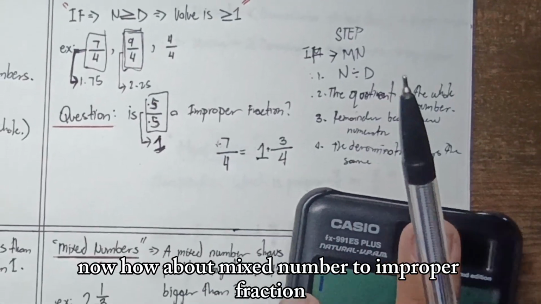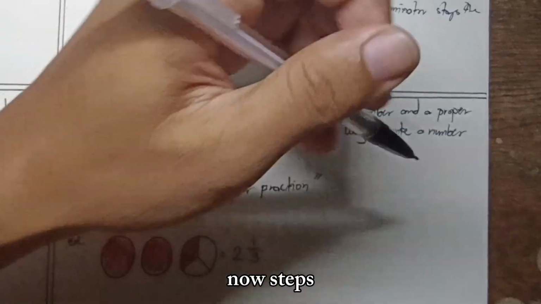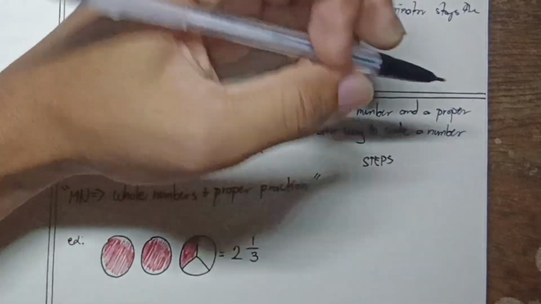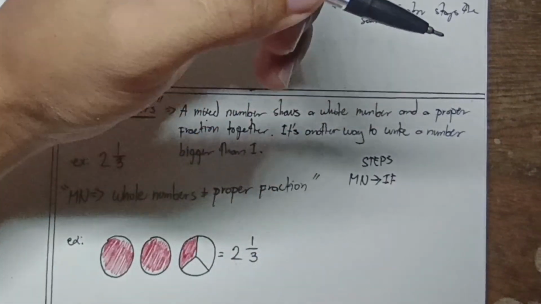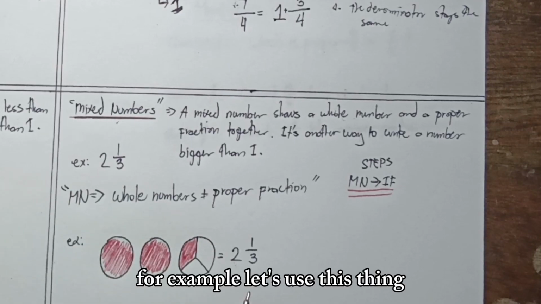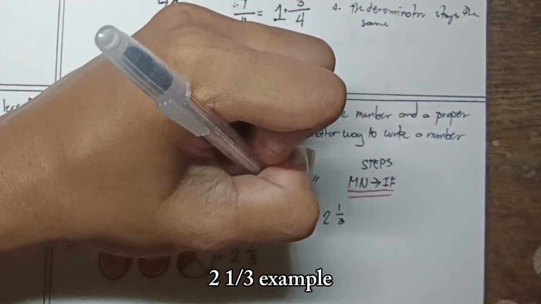Now, how about mixed number to improper fraction? What are the steps in converting a mixed number into an improper fraction? For example, let's use 2 and 1/3.